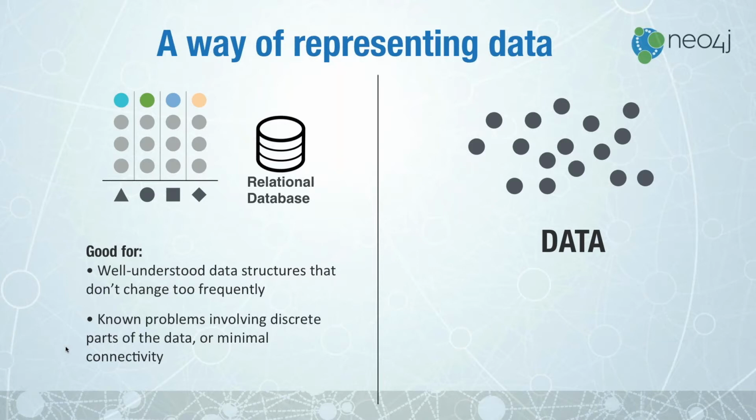They serve for known problems involving discrete parts of the data, often with very minimal connectivity. A good example of that is an OLTP system supporting an ATM machine. It is all about handling in a secure way the transaction to reduce or increase the bank account for a specific customer, right? Not more, not less.